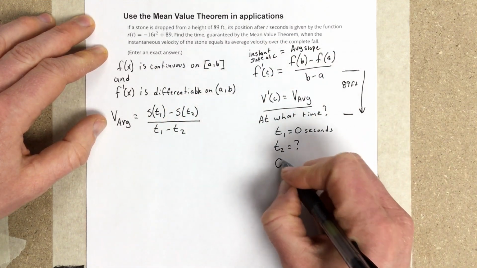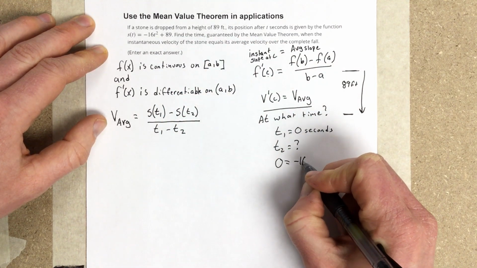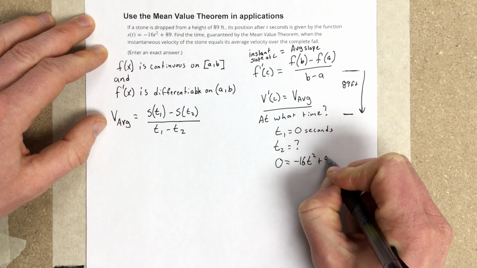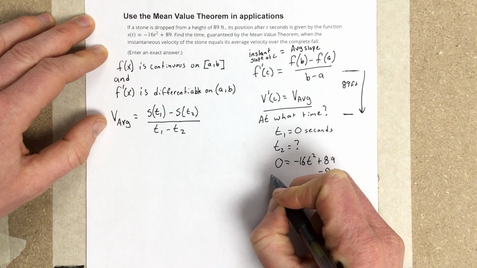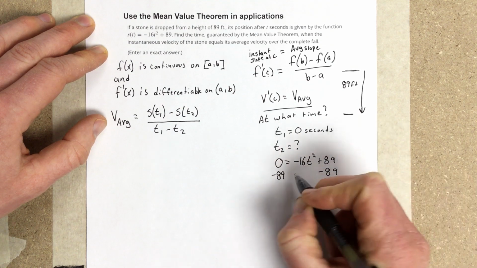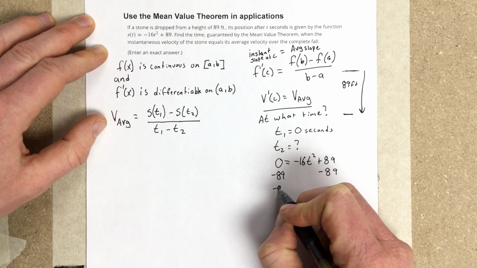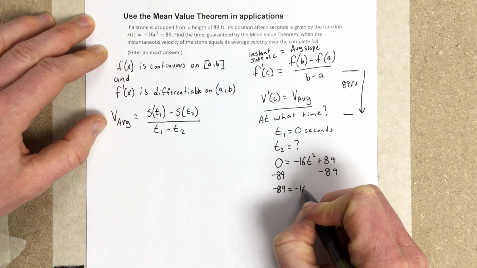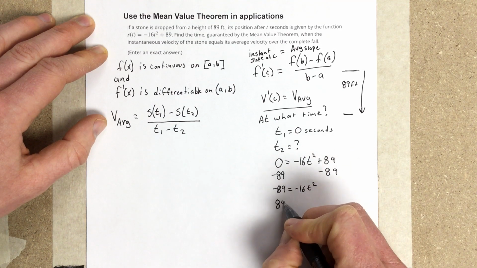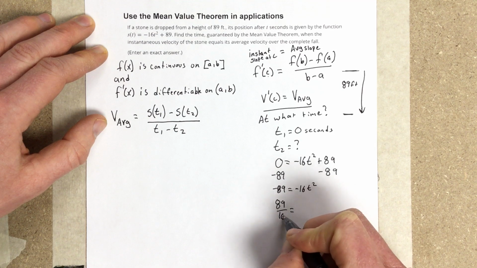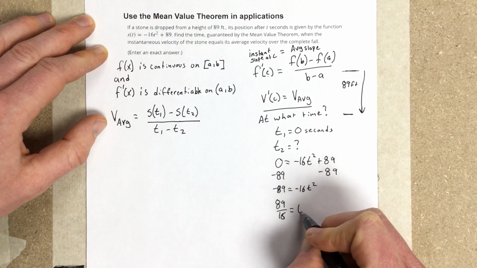So I'm going to say 0 is equal to -16t² + 89. Then I'm going to subtract 89 on each side, and I get -89 is equal to -16t². Divide by -16, I get 89/16 is equal to t².